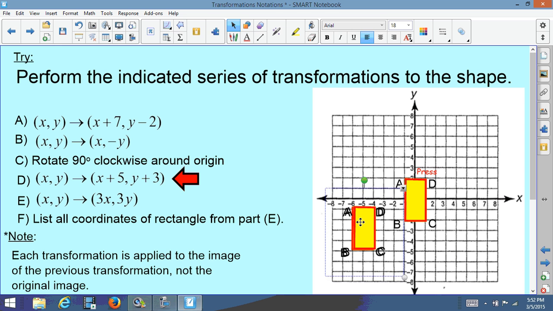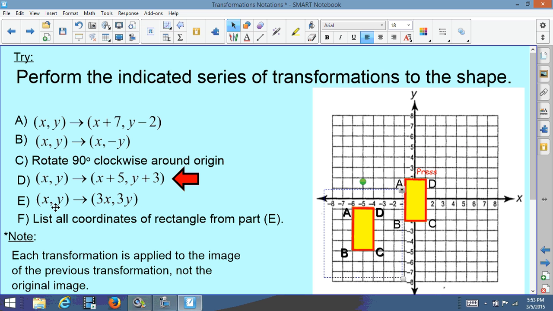If I actually cloned it, you can see that I went over 5: 1, 2, 3, 4, 5, and went up 3 boxes: 1, 2, 3. And it's right on top. So the whole thing moves nice and easy. So that's a translation.